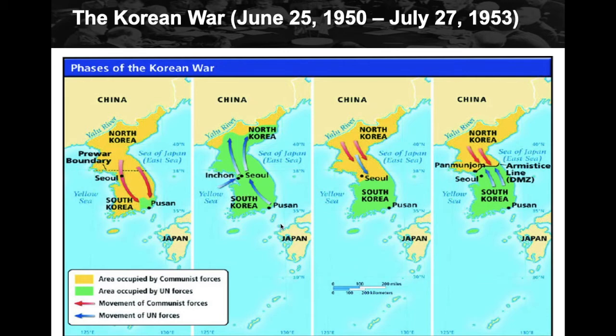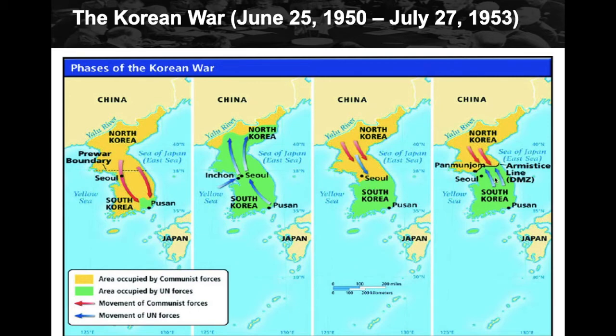But then with the Battle of Incheon and the offensive that takes place, the UN pushes well north of the 38th. They go all the way up into North Korea towards the Yalu River. And then you have North Korea, supported by communist forces, pushing down, and they retake Seoul.